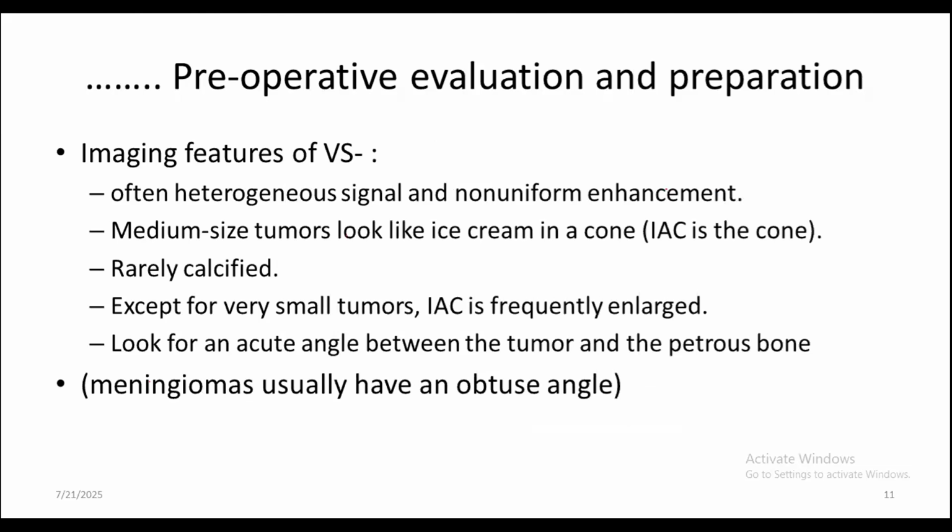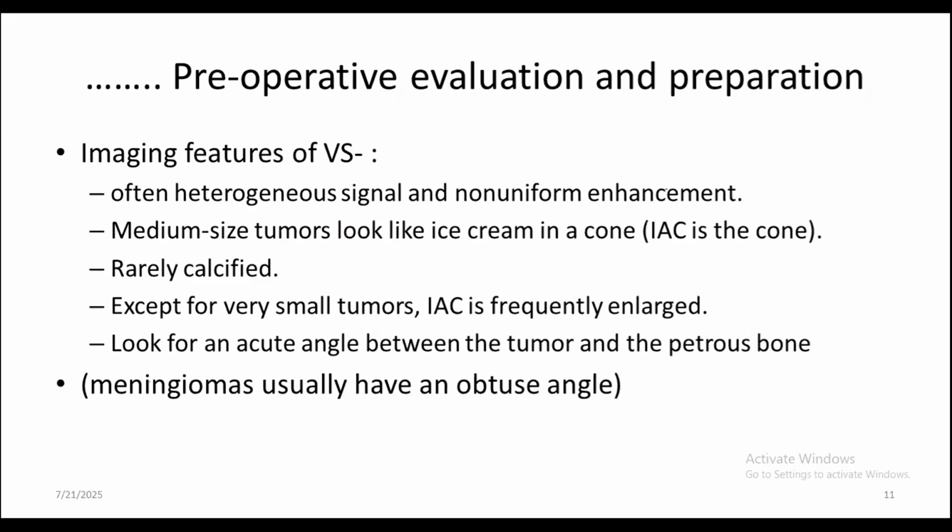For vestibular schwannoma, the imaging feature is that it usually shows non-uniform enhancement following contrast administration, and it gives this typical ice cream on cone appearance for lesions that are usually medium size. The cone is the internal acoustic meatus, while the tumor is the ice cream on it. And this lesion is usually not calcified.